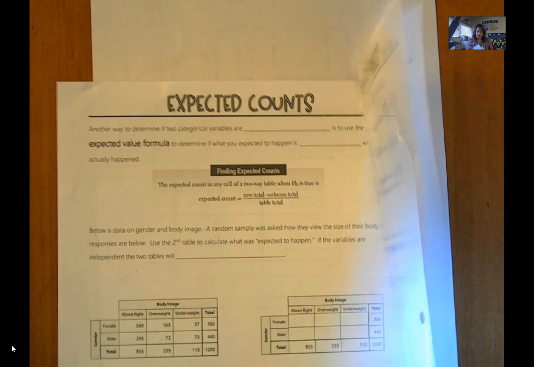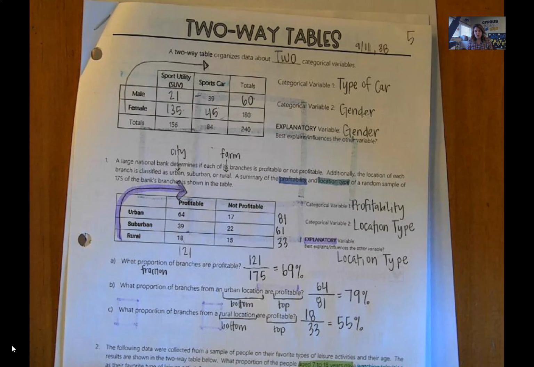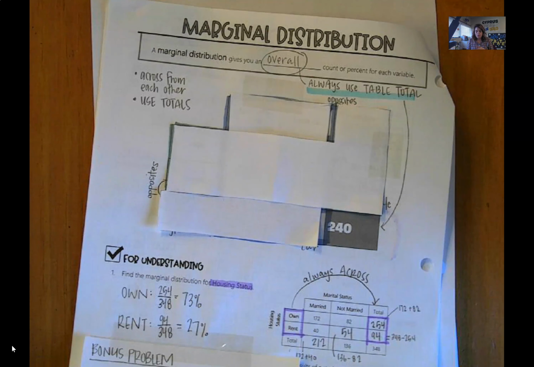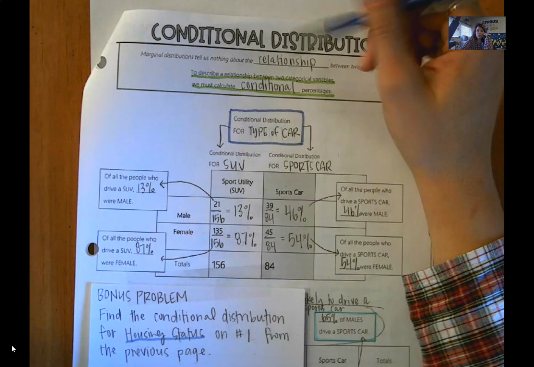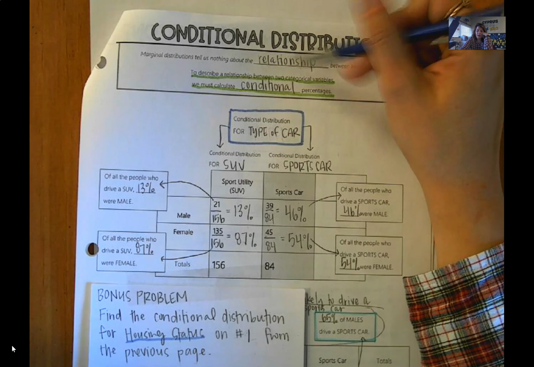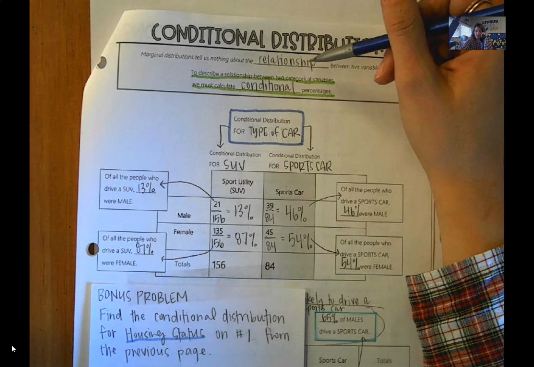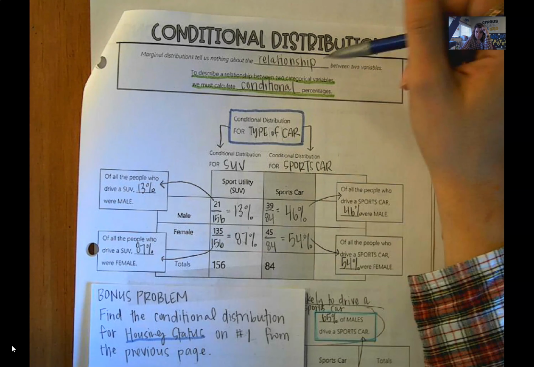Okay, so brief walk down memory lane. We have looked at the basics of a two-way table. We went over marginal distributions. And then we talked about conditional distributions because marginal distributions don't tell us anything about the relationship between two categorical variables.